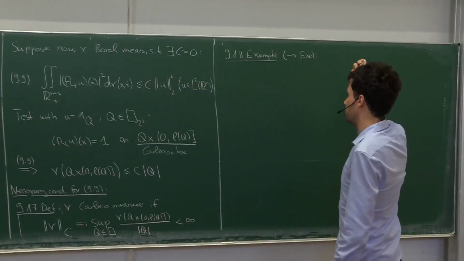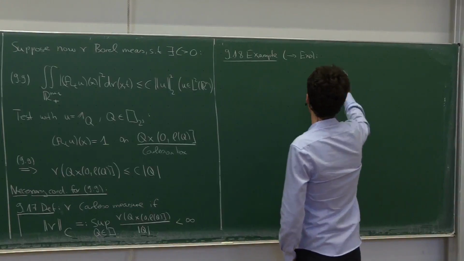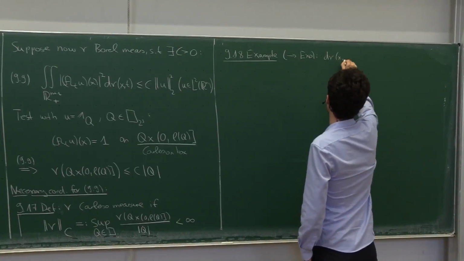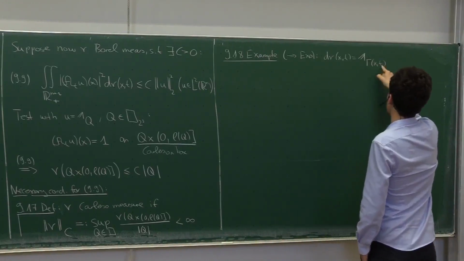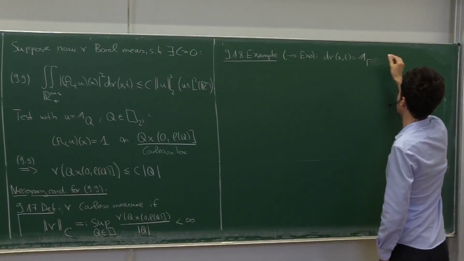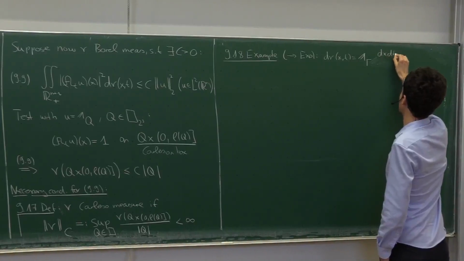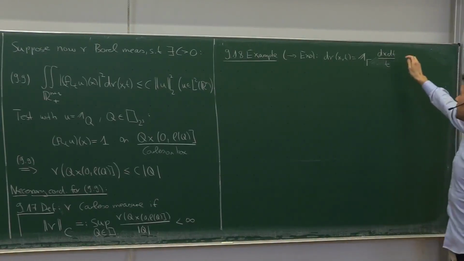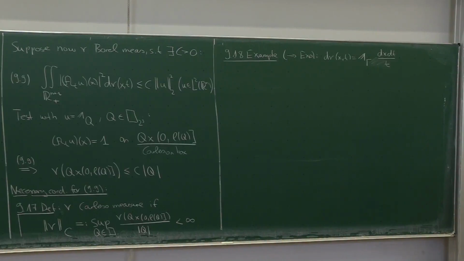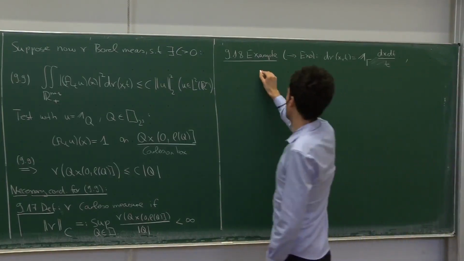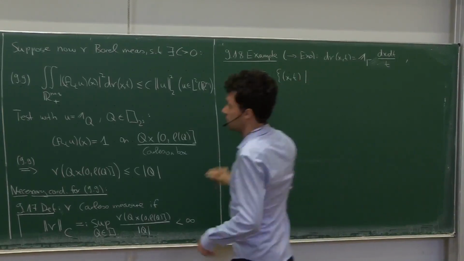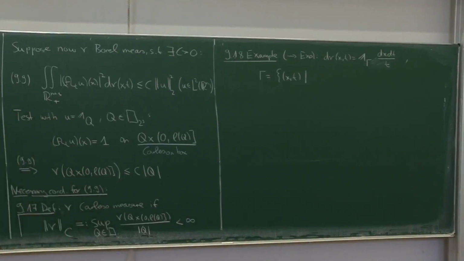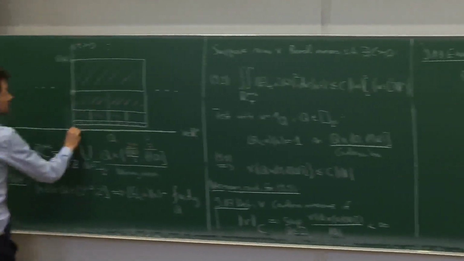So a non-trivial example of a Carlson measure would be as follows. You take d nu of x,t to be the characteristic function of a certain set gamma, and then you integrate dx dt over t. So it's a modification of the dx dt over t example by a density, and the density is an indicator function of the set gamma, which is a cone with a tip at the origin in R^n.